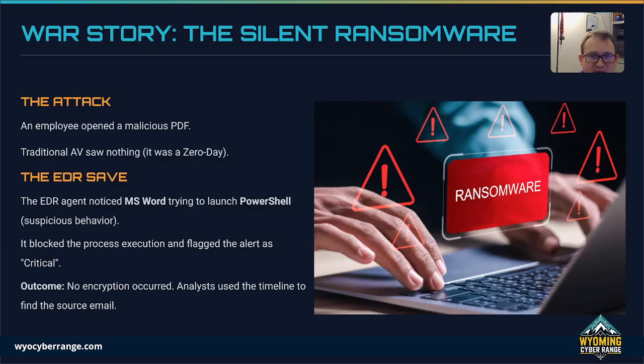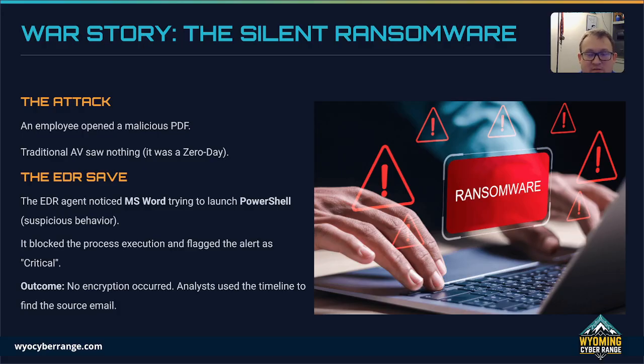So let's tie all this together with a quick war story. In this attack, an employee opened a malicious PDF. It was a 0-day exploit, so traditional antivirus saw nothing. But the EDR agent saved the day. The EDR noticed that Microsoft Word was trying to launch PowerShell.